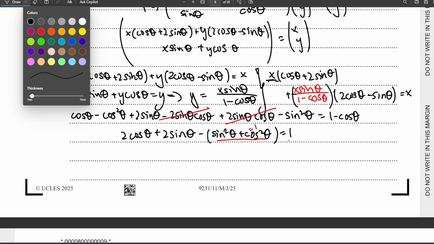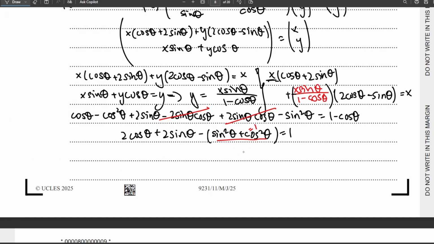After you get to this point, you can use the Pythagorean theorem to sort out sine square plus cosine square, and everything else cancels nicely, so you have cosine plus sine equals 1, after simplification.